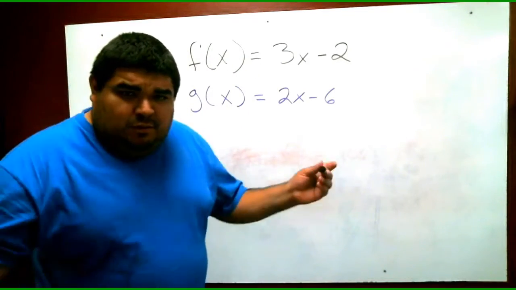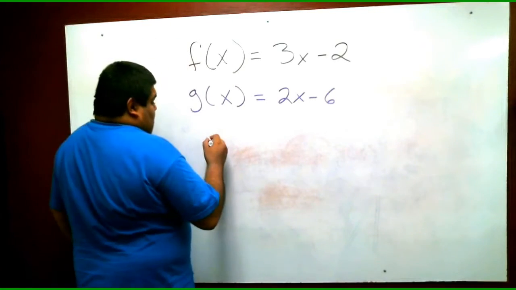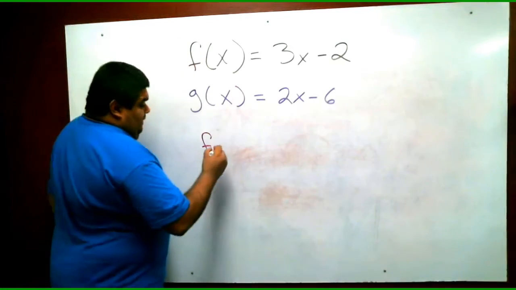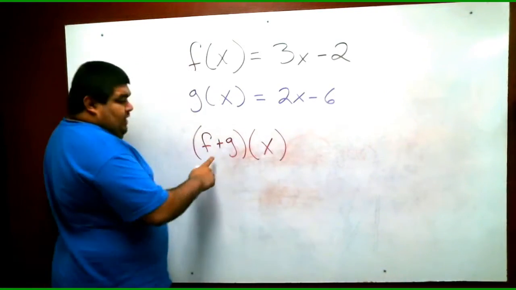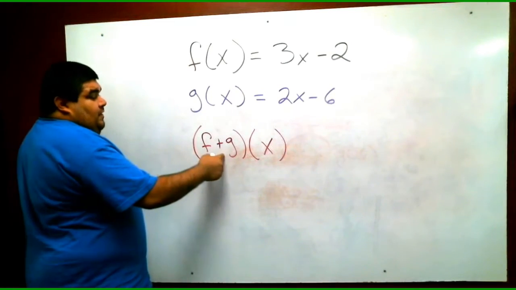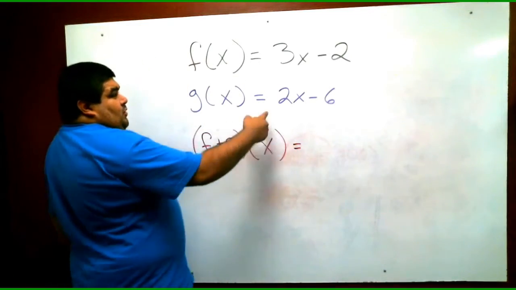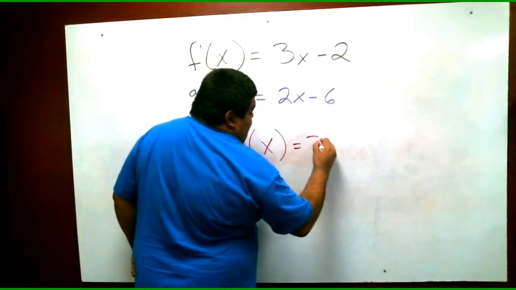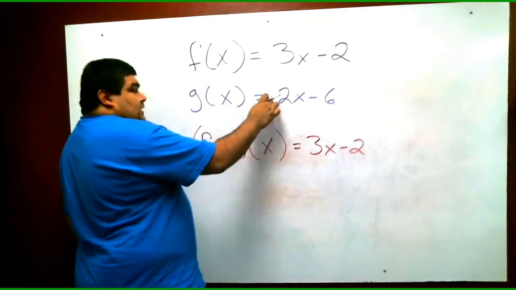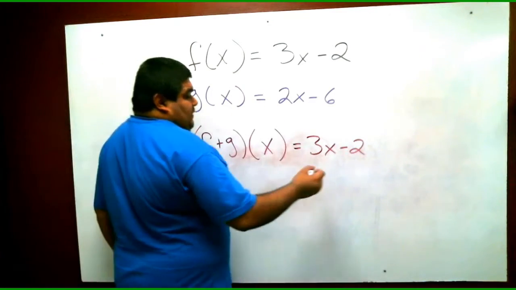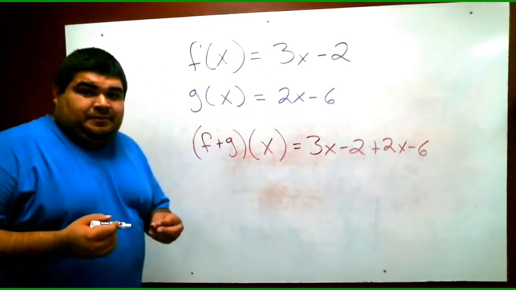So let's start off with the first one, the easy one, the adding. We can say f plus g of x, because we're adding, remember, we're looking for the addition of them. f plus g of x equals, let's start off with the first one, 3x minus 2 plus, it's positive and it's plus, 2x minus 6.